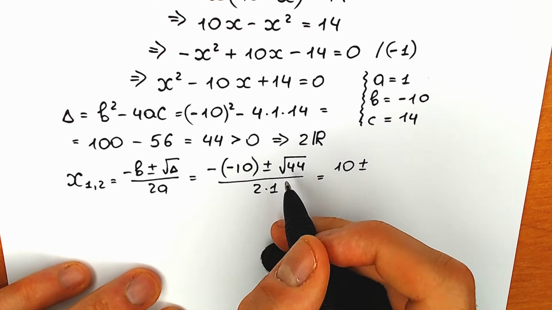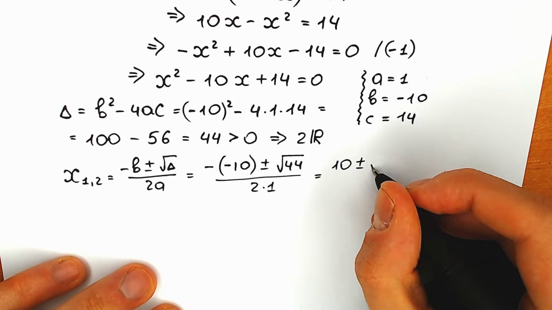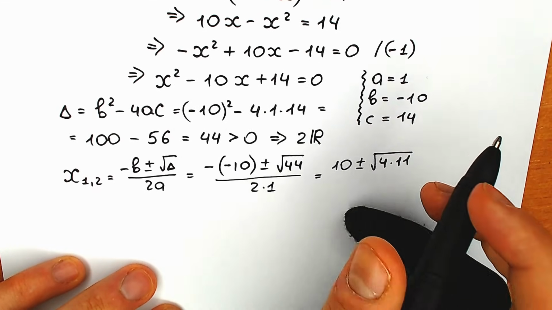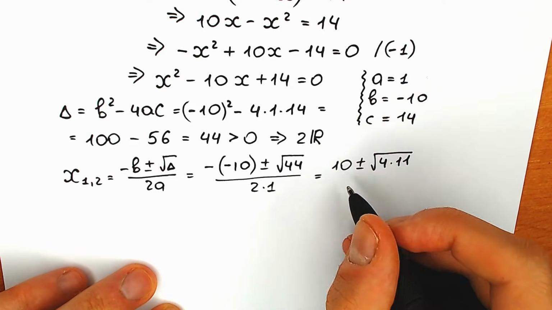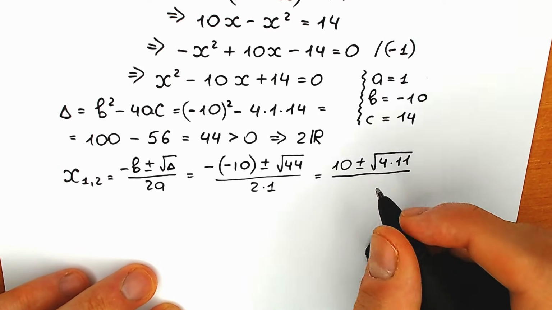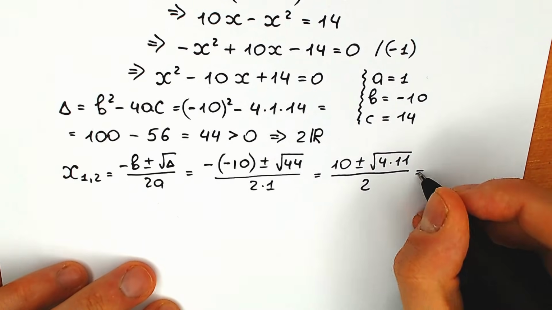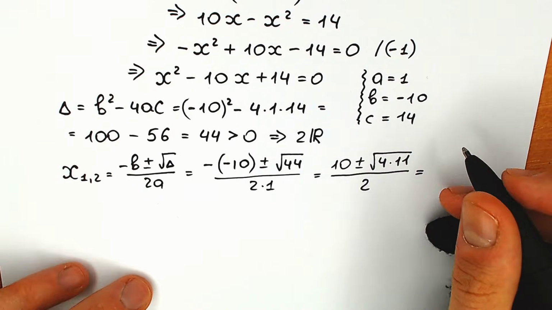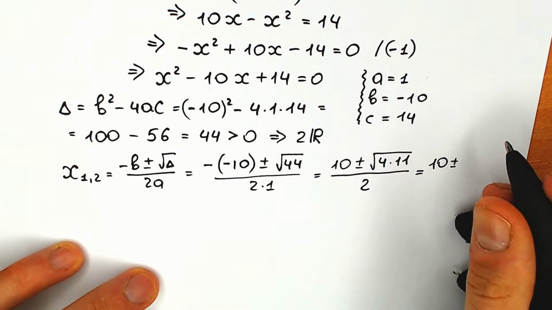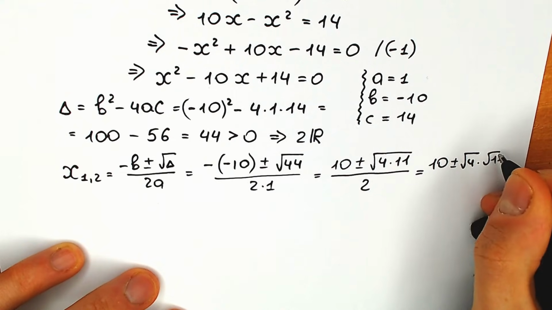The square root of 44 is not a table case, but we can easily express it as the square root of 4 times 11. This is the best way. Of course, 22 times 2 is also possible, but in our question, it's great to express it like that. Now there is one really important square root property: we can split it, so the square root of 4 times the square root of 11.